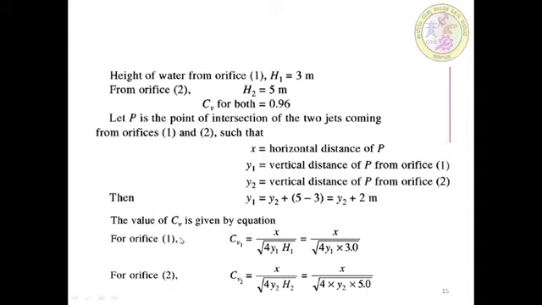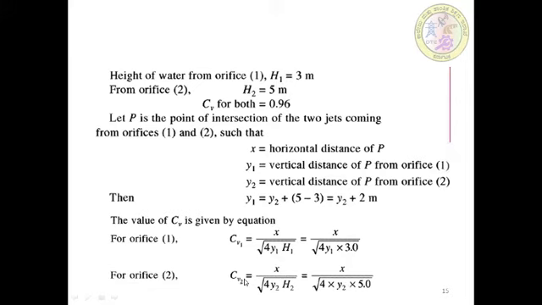Now for the two orifices, CV can be written separately, CV1 for orifice 1 and CV2 for orifice 2. For both cases we can put the equation as x divided by the square root of 4 y1 h1. Here y1 and h1 are the vertical location as well as the head of water. So we'll put y1 as it is, and x is also unknown, so put it as it is.